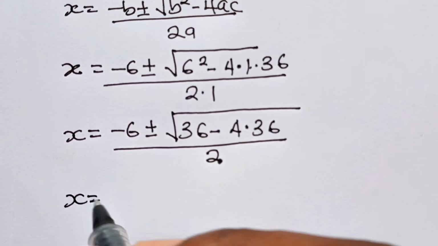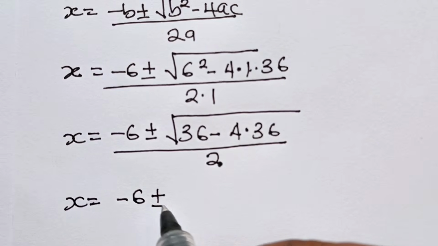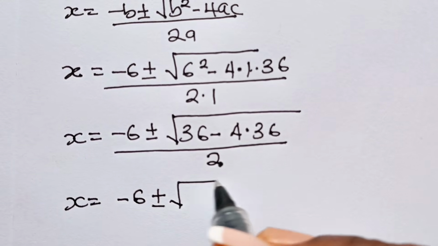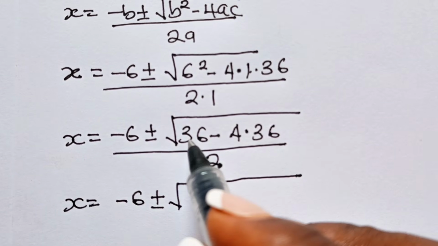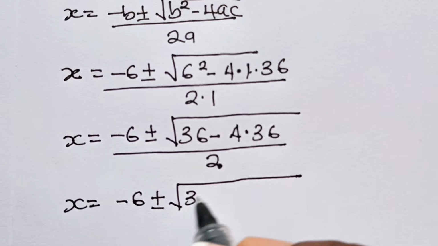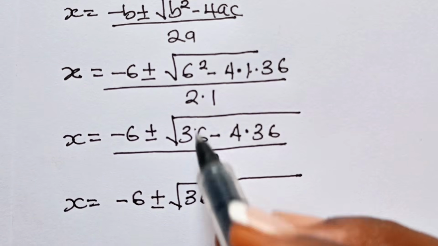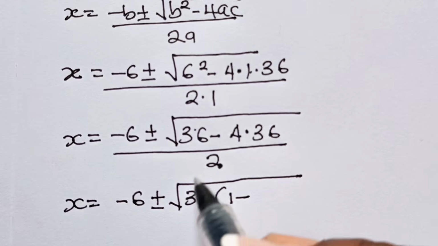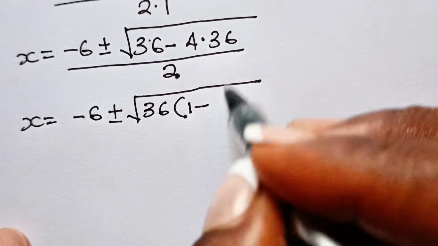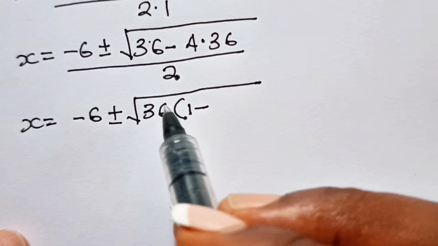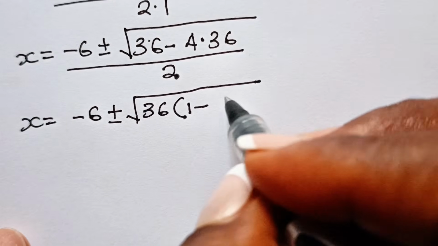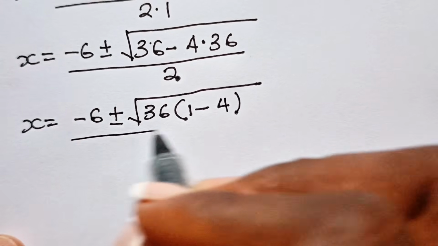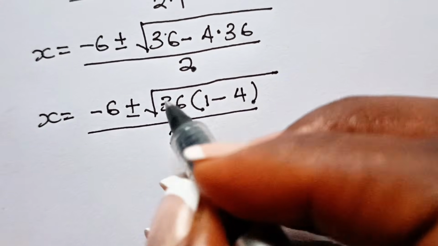So we have x equals minus 6 plus or minus the square root of 36, so we factorize. When 36 is divided by itself, we have 1. 4 times 36 divided by 36, we'll have 4. Okay, everything divided by 2.